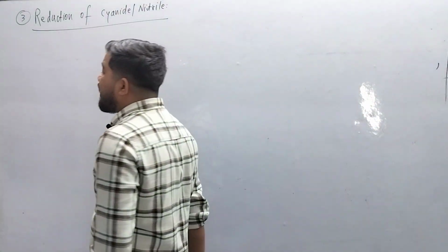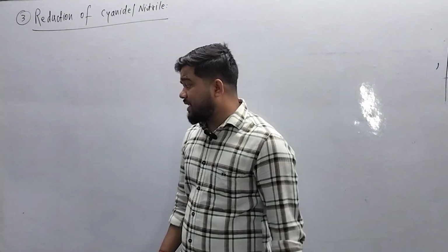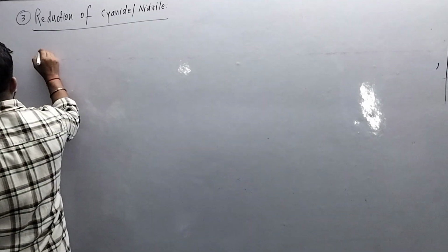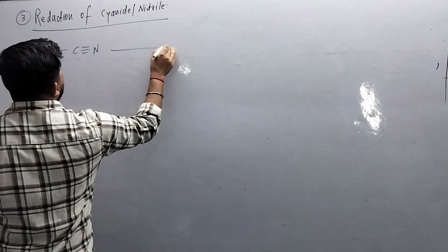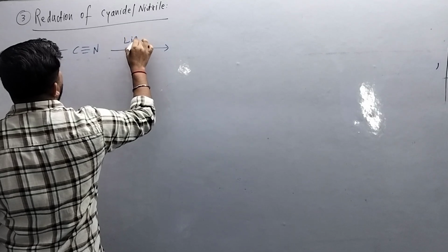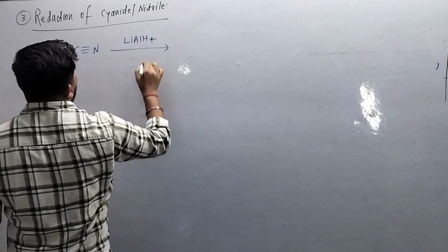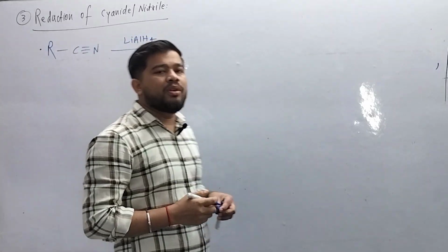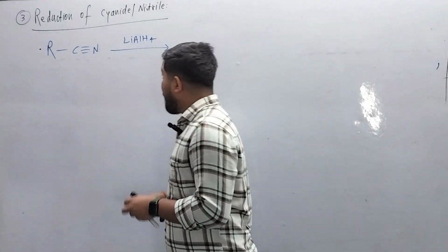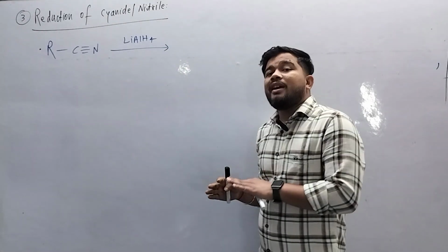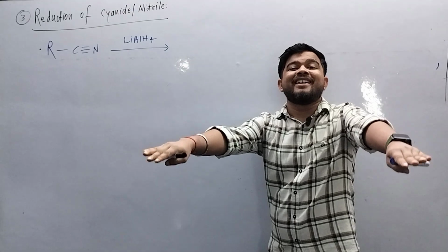Let us take an example of cyanide. RC triple bond N is reacted with lithium aluminum hydride, LiAlH4, and the reaction is a reduction.